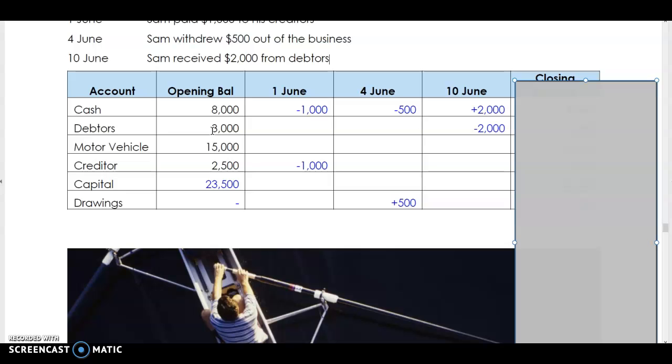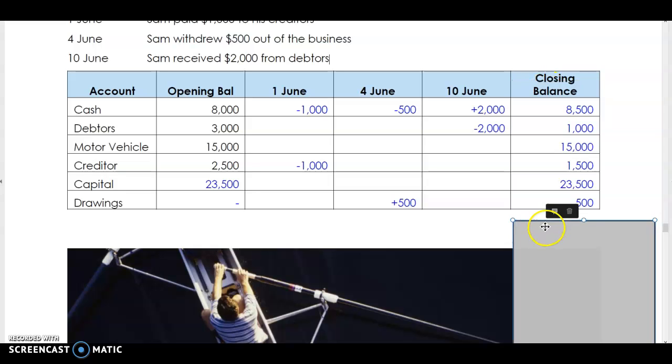Our debtors owe us, and they have paid $2,000. So their balance decreases by $2,000, and our cash balance increases by $2,000 as well. So we have an increase and a decrease in assets, and our accounting equation is maintained.